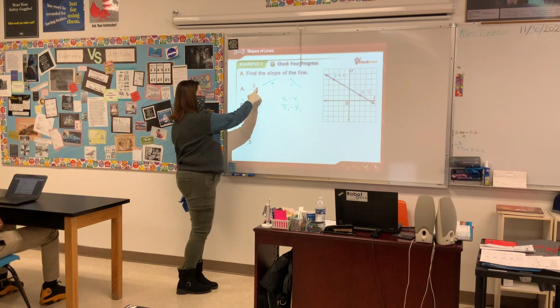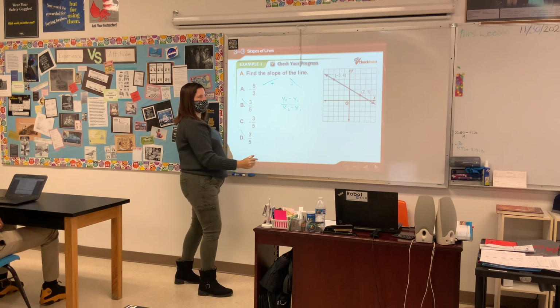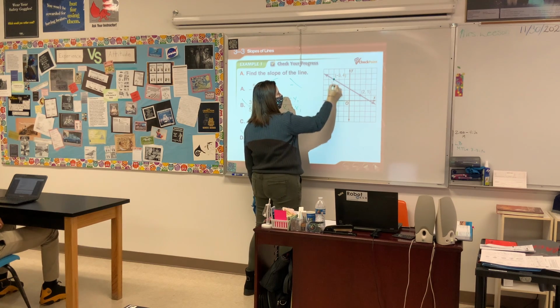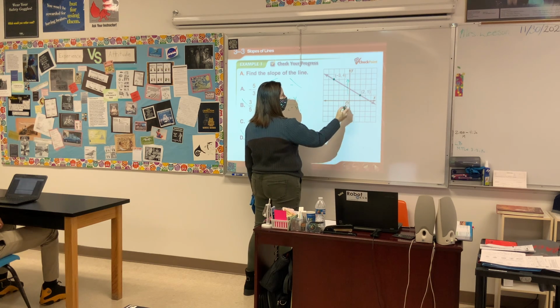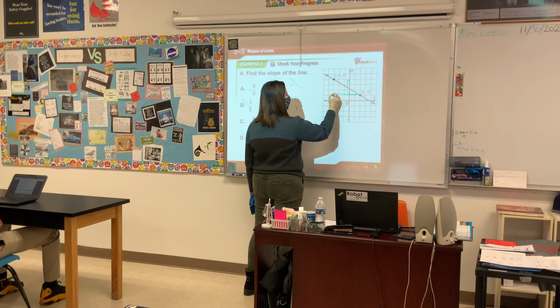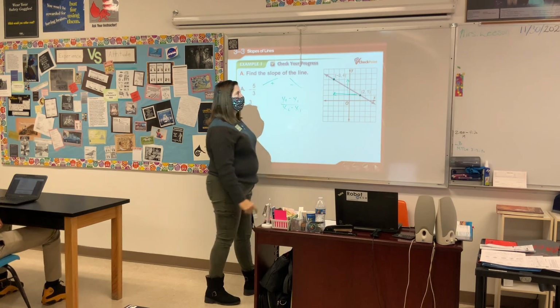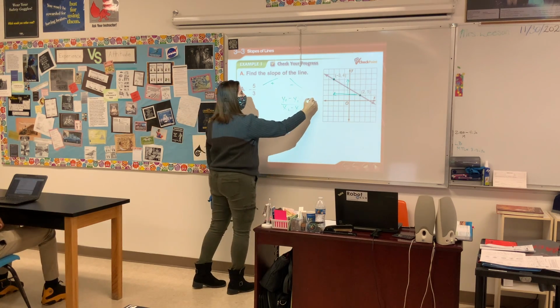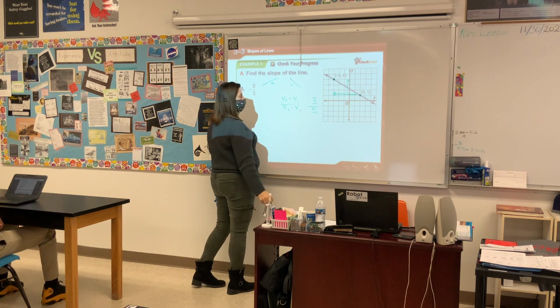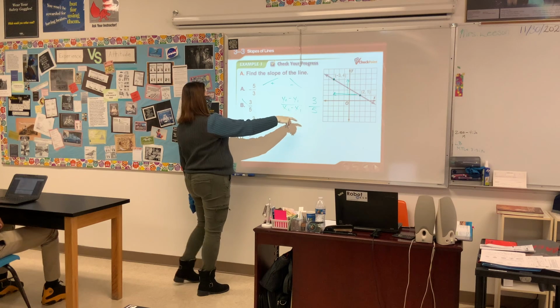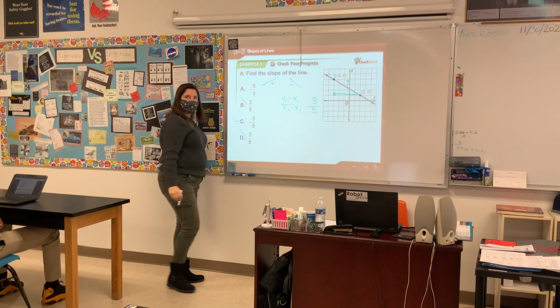So does y change by 5 or does it change by 3? We're going from here to here. I see an increase by 3 squares. And I see a change here by 5 squares. Change of 3 squares in y, change in 5 squares in x. I know it needs to be negative. I'm expecting C.